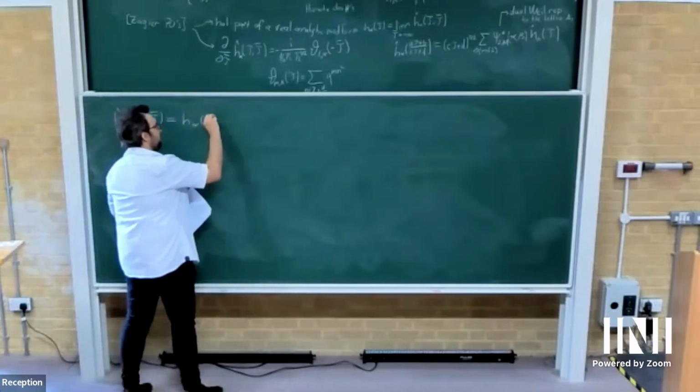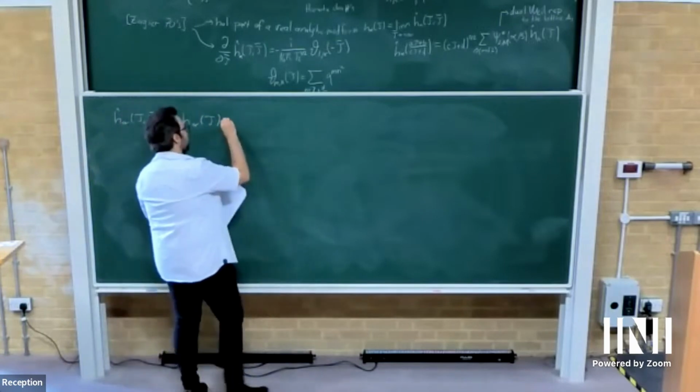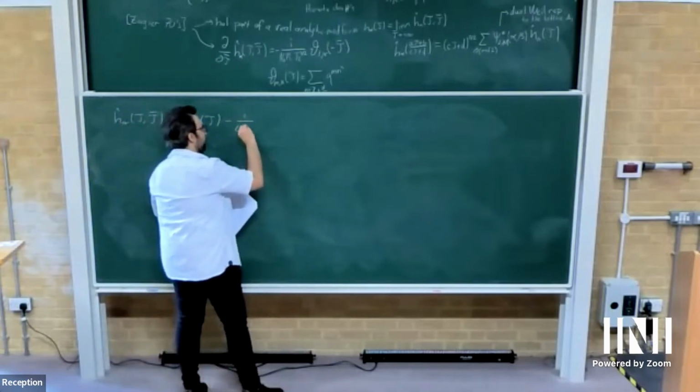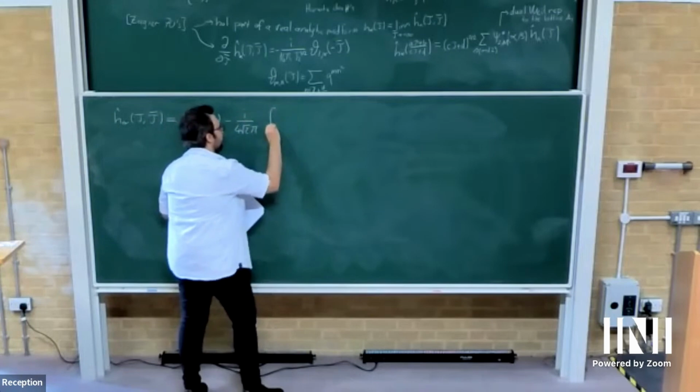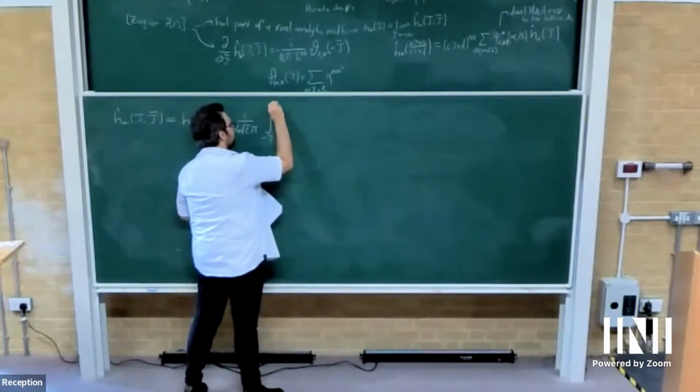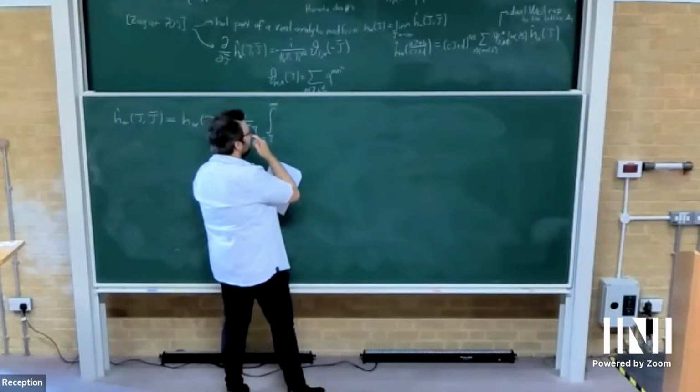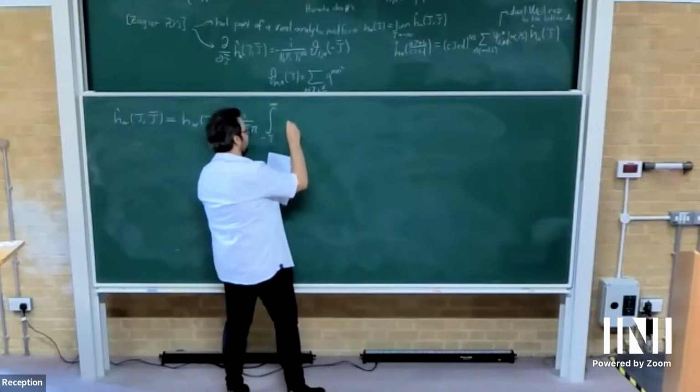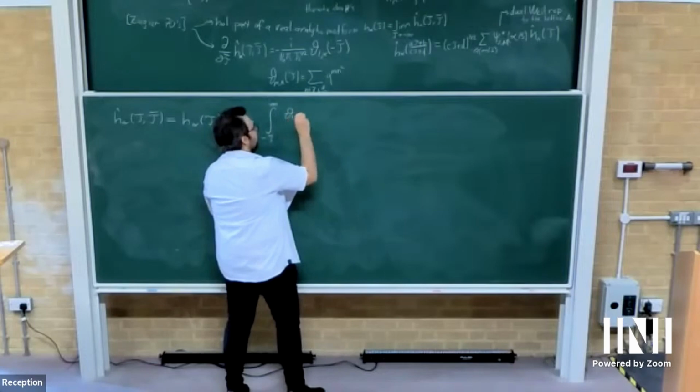So H alpha of tau, the boundary value, and you add an integral from minus tau bar to i infinity. As tau bar goes to minus i infinity, that explicitly goes to 0, and you just plug in the derivative you see over there.